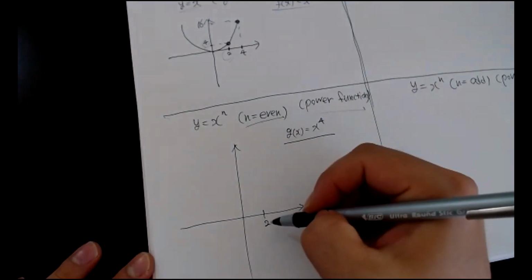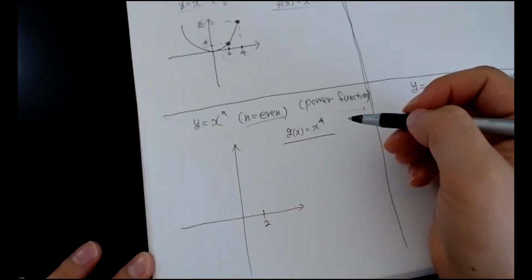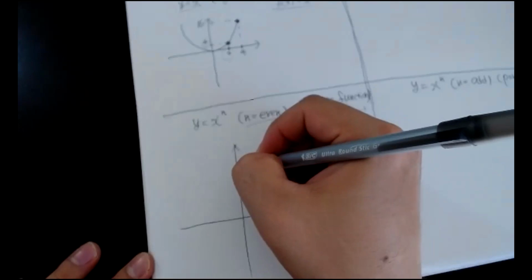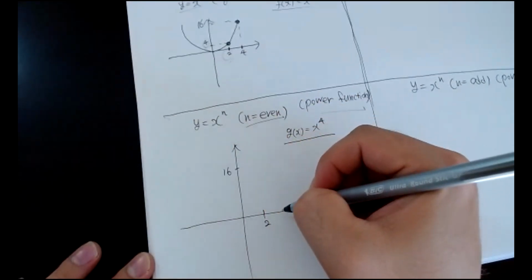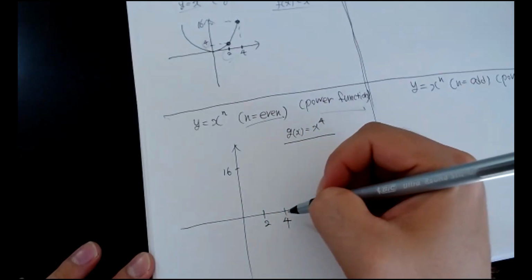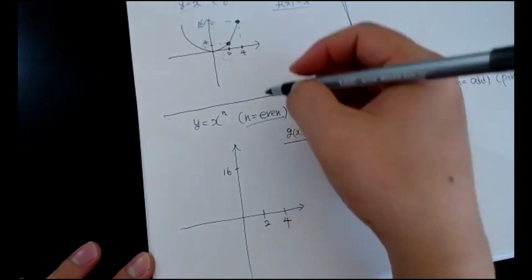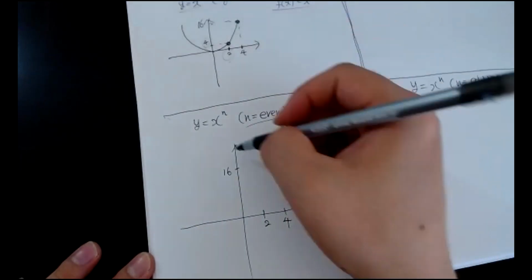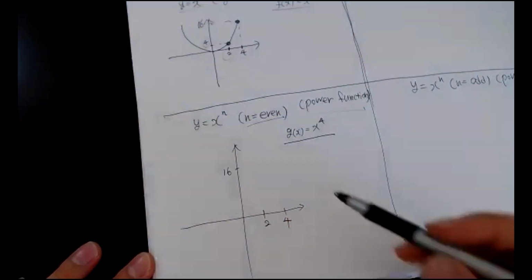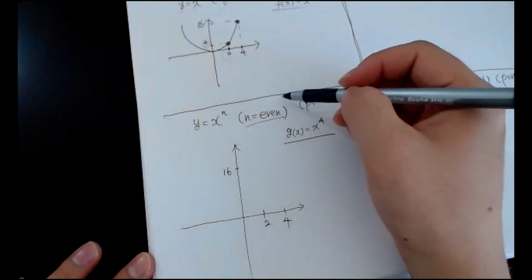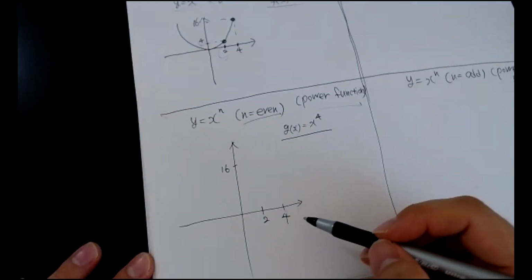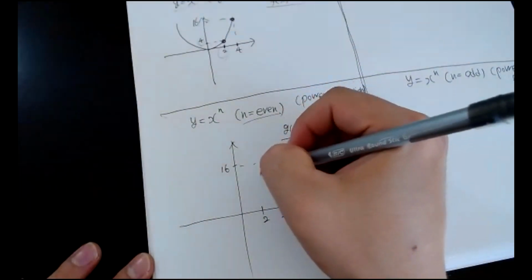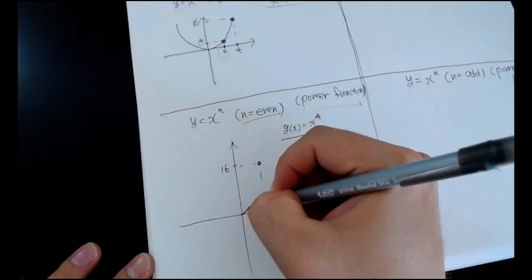When x is 2, 2 to the fourth power is 16, so there is 16 right here. And when x is 4, 4 to the fourth power is a huge number, so I cannot draw the point at x is 4. It's okay, but we can see the graph must be like this.